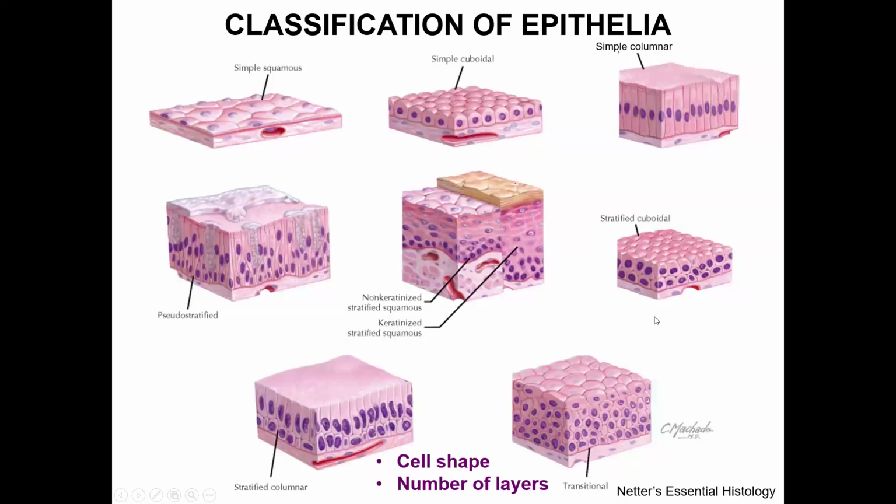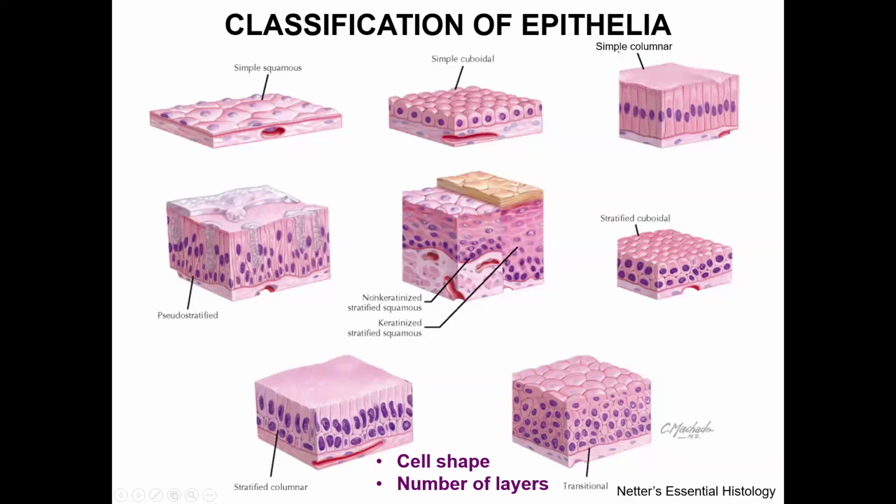Then the stratified epithelia, the cuboidal and the columnar, are usually a double epithelial layer with only the basal layer resting on the basement membrane. The stratified squamous epithelium has several layers, and these layers are produced from cells that all originate in the cells in the basal layer.